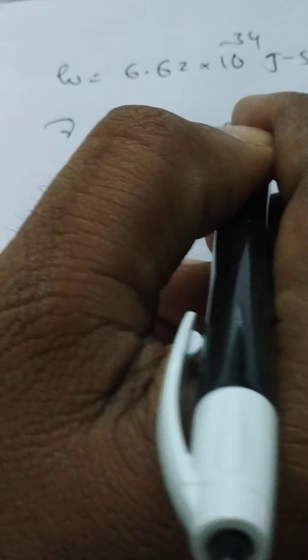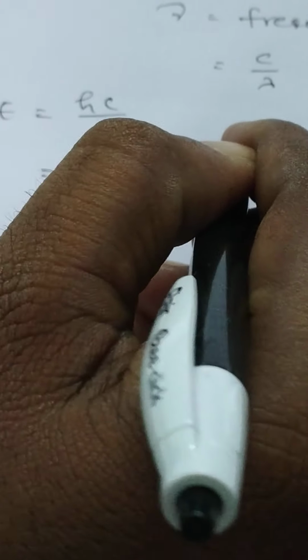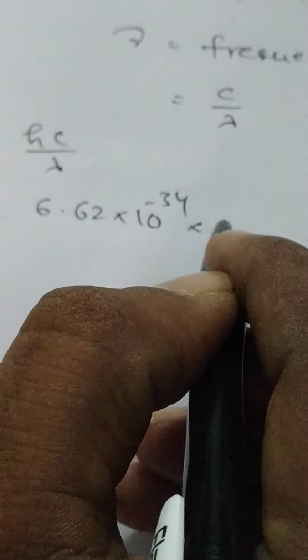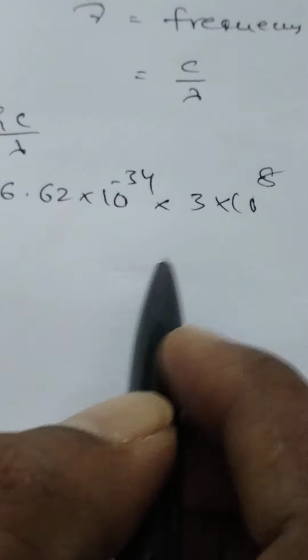Nu is equal to the frequency of the photon. Also, frequency nu is equal to c by lambda. Therefore, energy E is equal to hc by lambda, where h is equal to 6.62 into 10 power minus 34 into velocity of light, which is 3 into 10 to the power 8, divided by lambda.